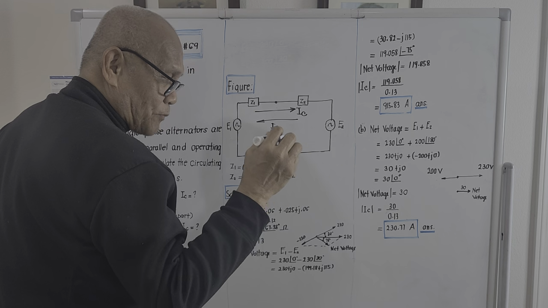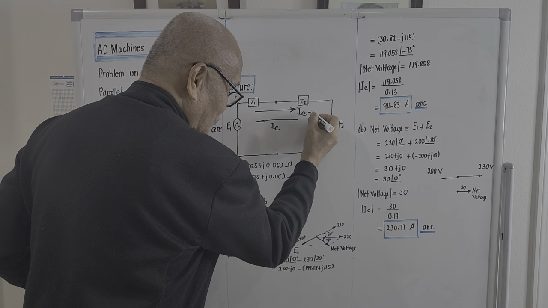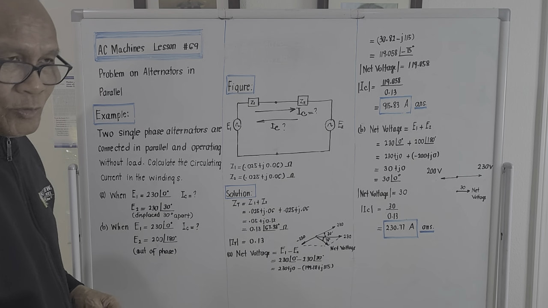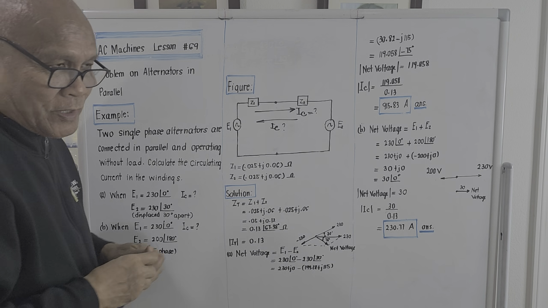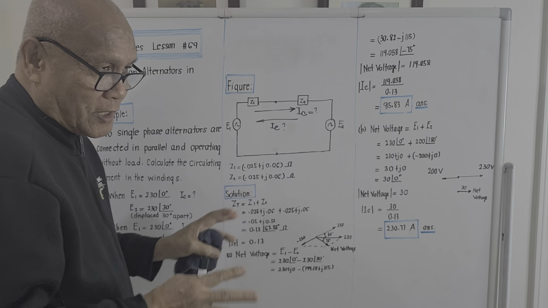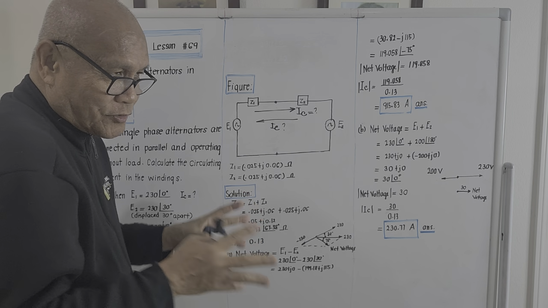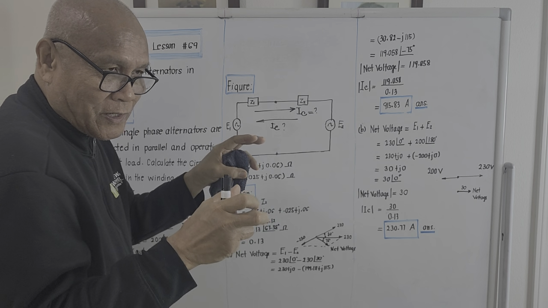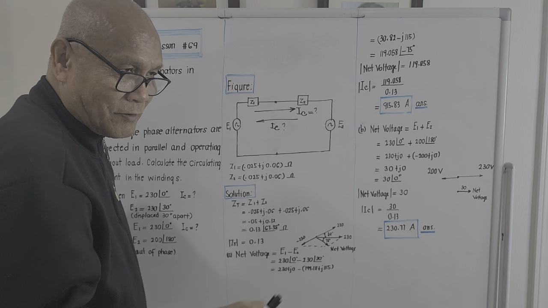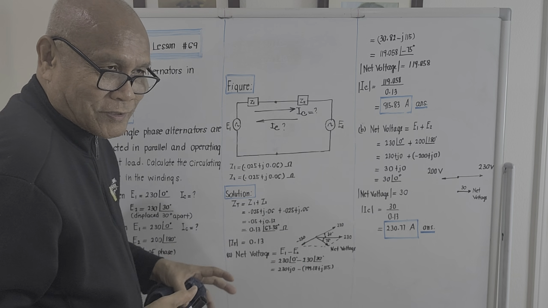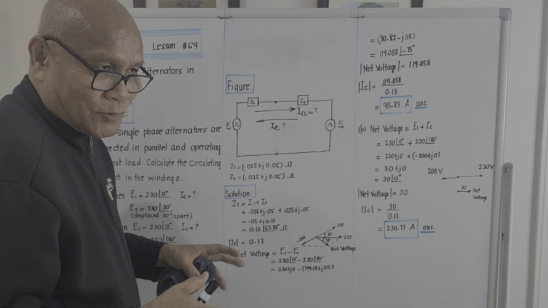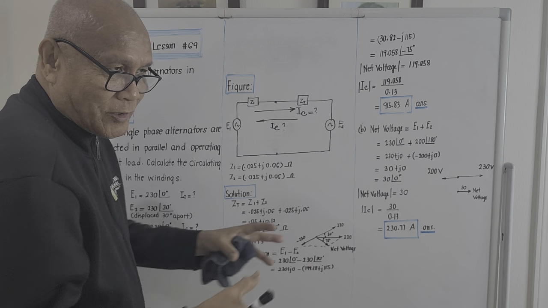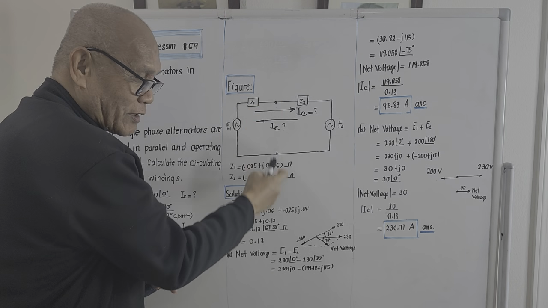The problem is asking what are the values of the circulating current. And what's the significance of the circulating current? The circulating current is a very big value if there is no load connected across the alternators. This big current might burn the armature windings. So we must determine the worst case scenario, just in case the load is disconnected.